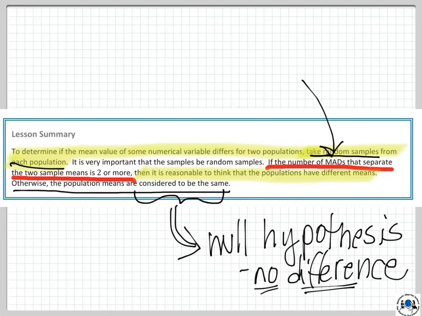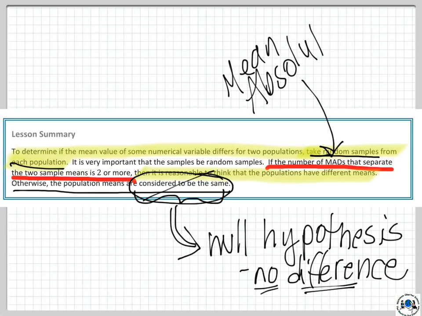So you start off with the idea that they're considered to be the same, and then you work back to rejecting that idea and saying that no, there is a difference. And one of the tools we used to find that out was these mean absolute deviations. I think I've said that term enough that I am not going to ever forget it.